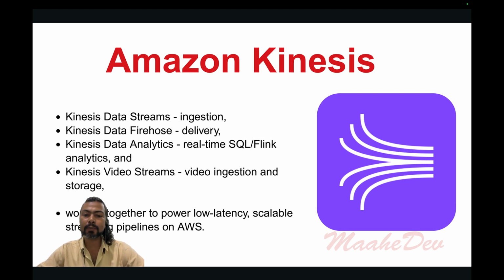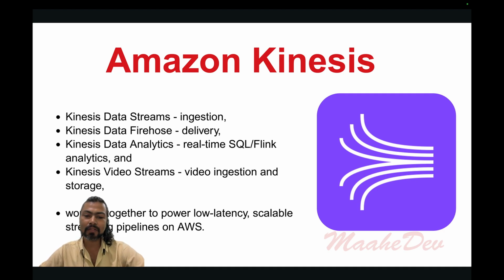And then Video Streams, for video ingestion and storage. These are the four family members of Kinesis to process and manage the data coming from various sources, or basically the data in motion, the kinetic energy. You can just remember it that way.